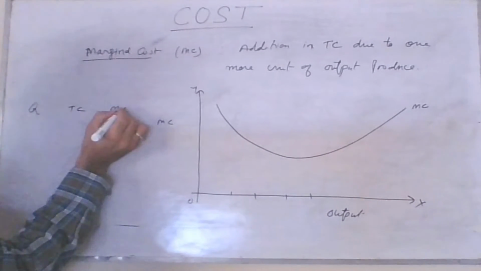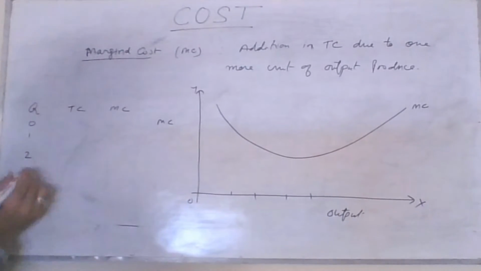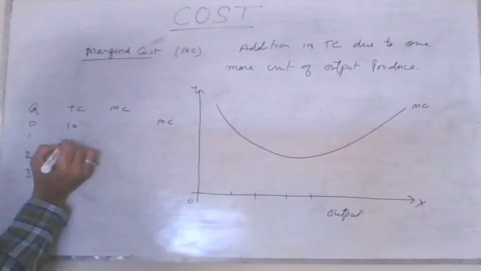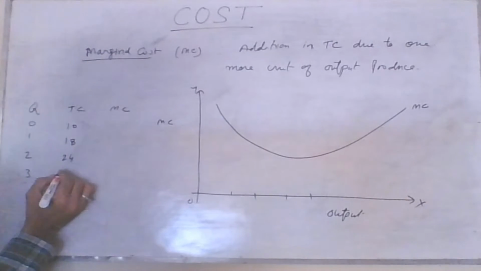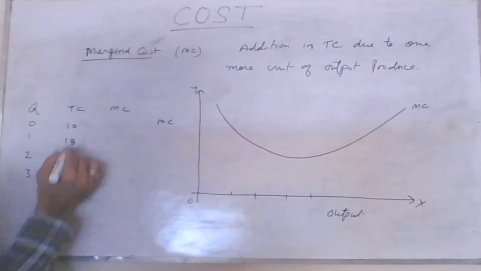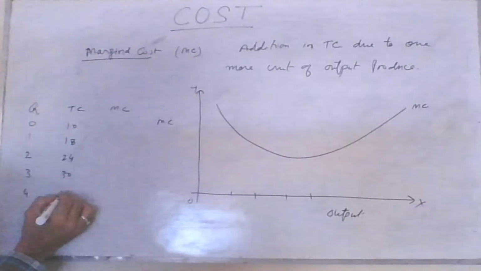So how do you calculate marginal cost? Say when the output is 0, 1, 2, 3. When the output is 0, total cost is 10, then 18.